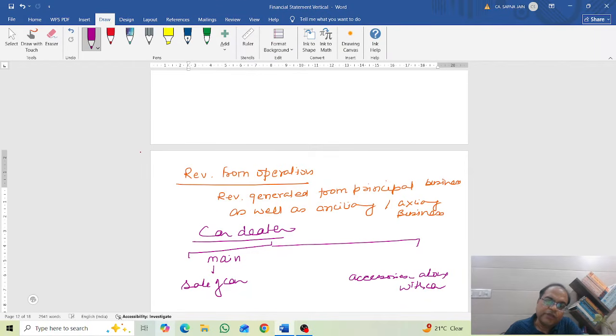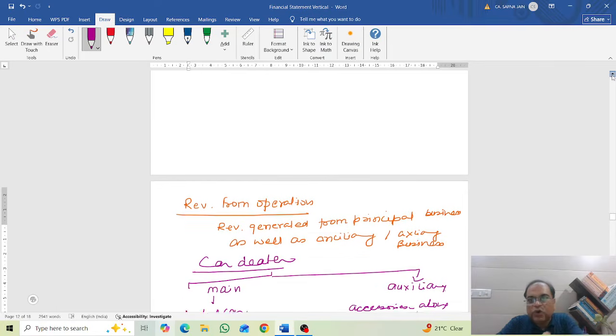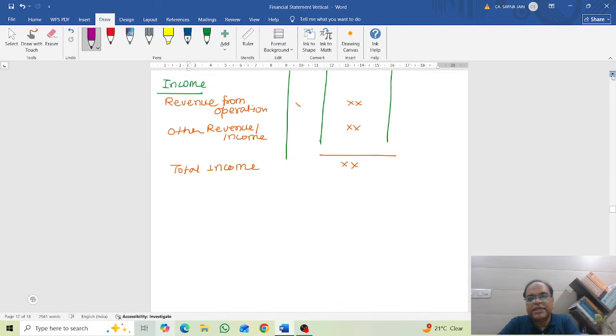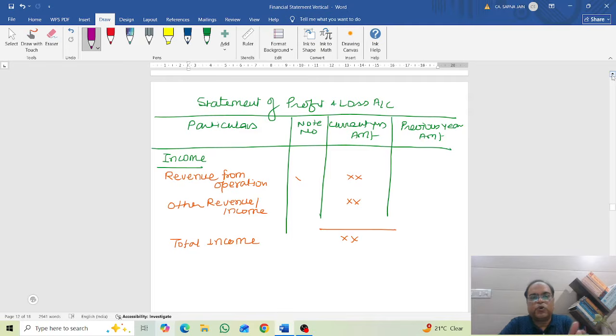So sale of accessories is the auxiliary business. So sale of car as well as sale of accessories, both are revenue from operation. Is this clear? Main business as well as the auxiliary or ancillary business, the sale of goods and sale of service, is called revenue from operation.